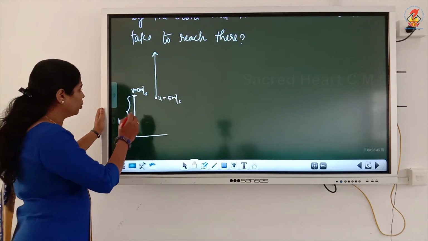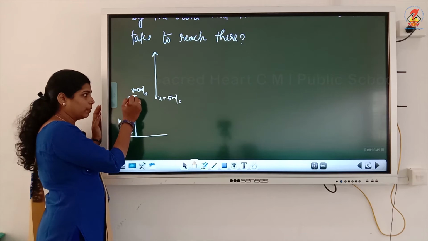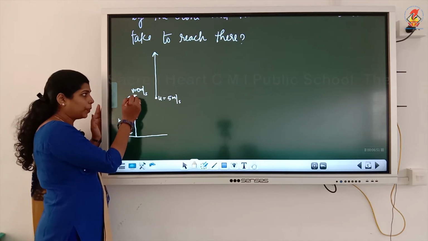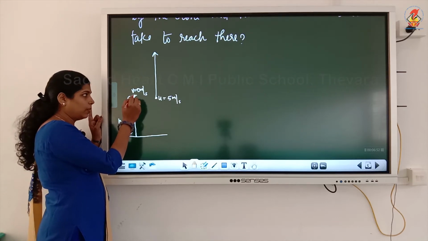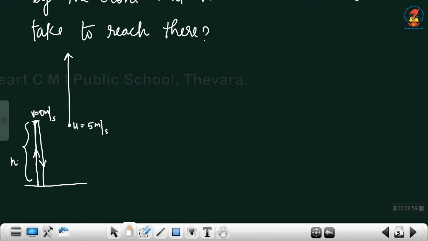Upward motion is in this direction, it reaches the maximum height, where its velocity is 0 for a moment, then it returns back to the earth. Means its direction is changed.